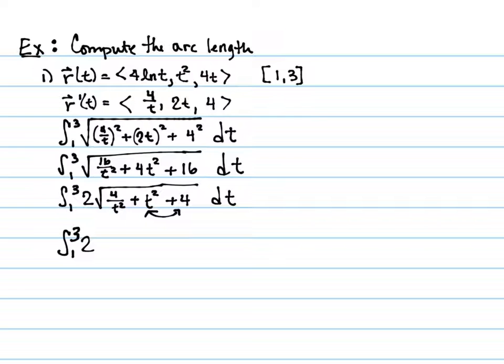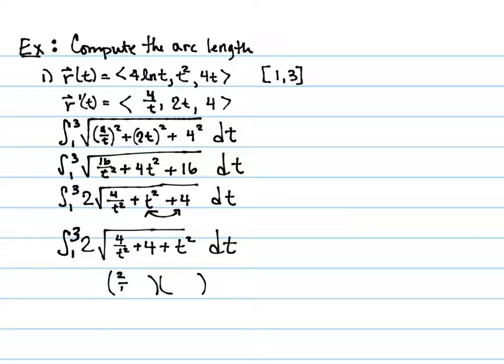And then I have 4 over t squared. I'm going to put my 4 in the middle, and then my t squared at the end. So if I were attempting to factor this just in forms like this, it would be a 2 over t, and then these would be addition, of course, and then it'd have t at the end.